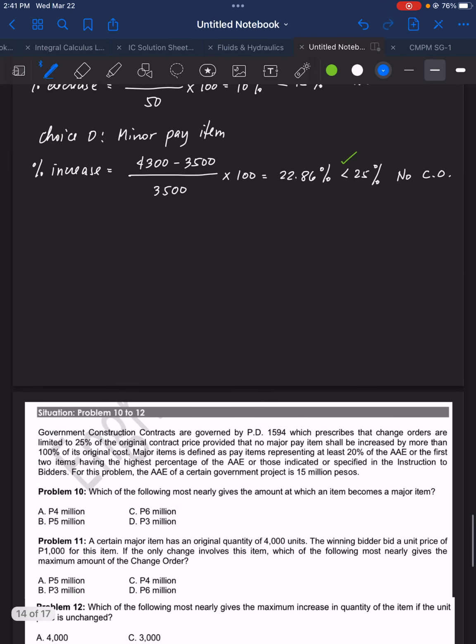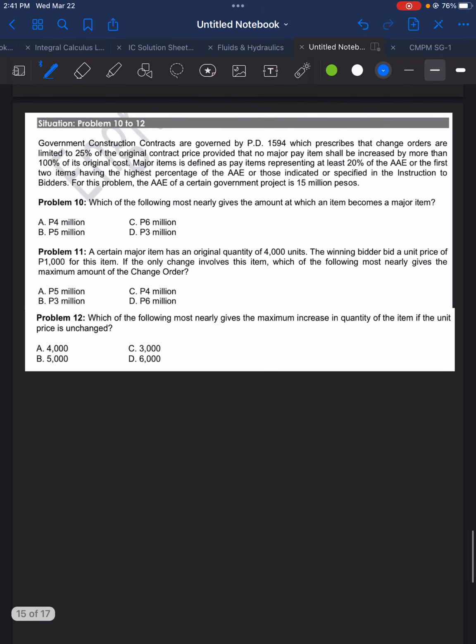So let's proceed to the last example. We have a situation for problems 10 to 12. Government construction contracts are governed by Presidential Decree 1594, which prescribes that change orders are limited to 25% of the original contract price, provided that no major pay item shall be increased by more than 100% of its original cost.